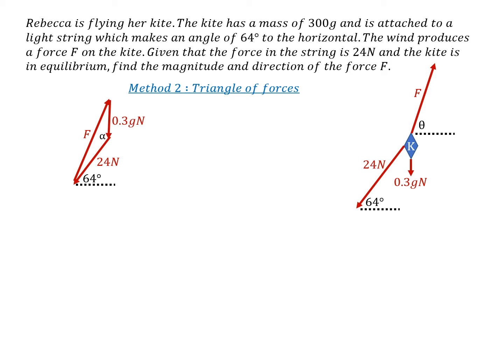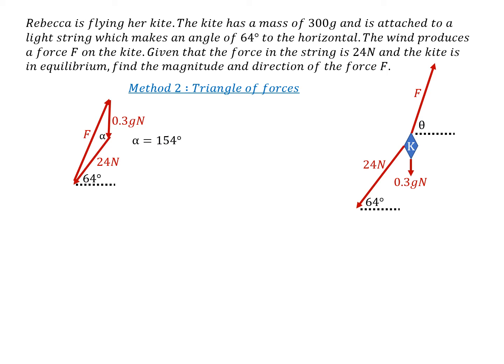And what is alpha? Well, if we imagine a horizontal line here, then what we've got is an alternate angle. So this is 64. So therefore alpha is 64 plus 90. So alpha is 154 degrees.